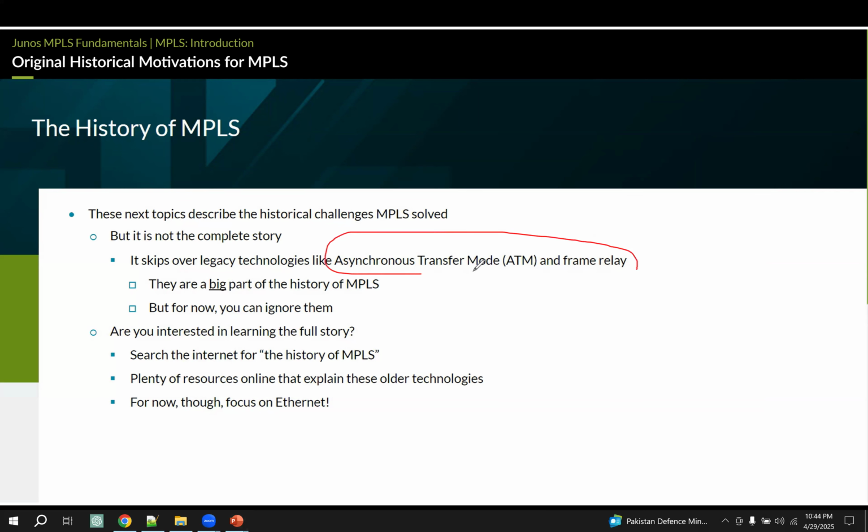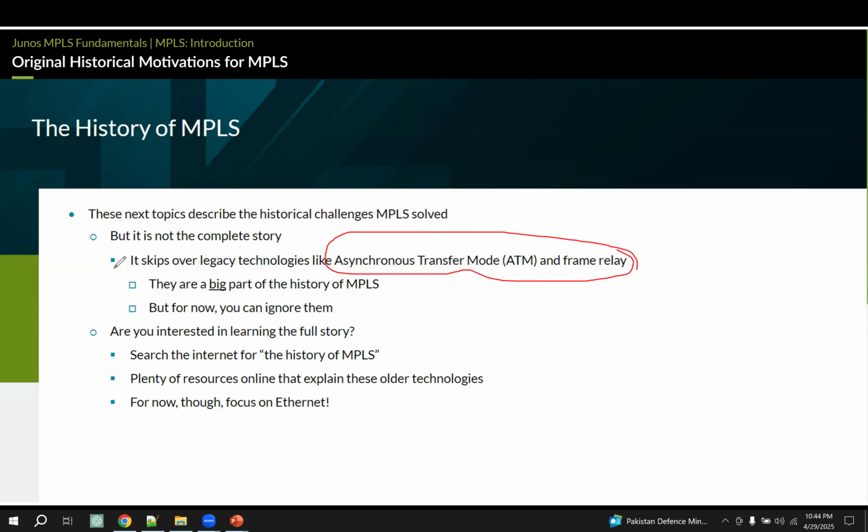Before MPLS, this technology was very popular for giving VPN traffic, for giving leased lines, dedicated lines, for everything. This technology was very big.